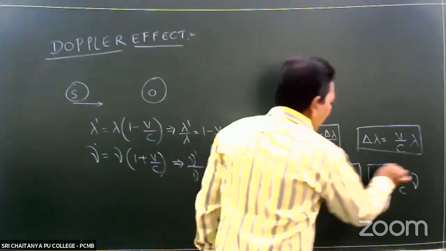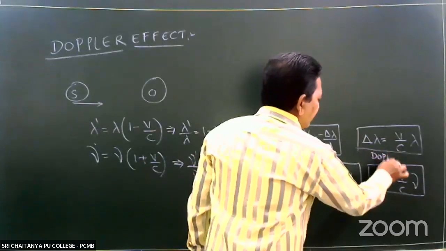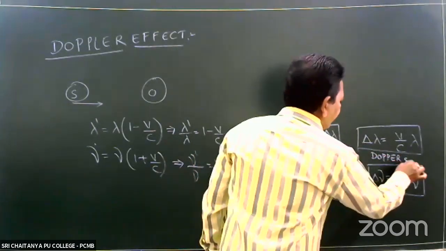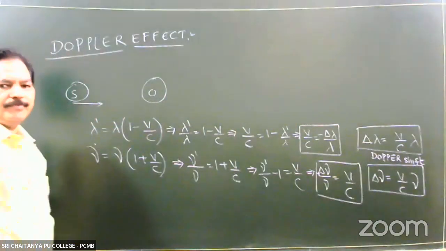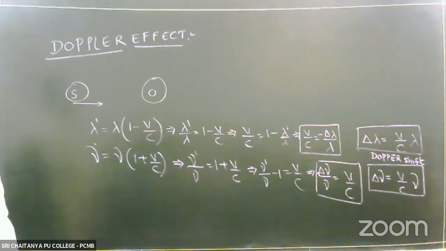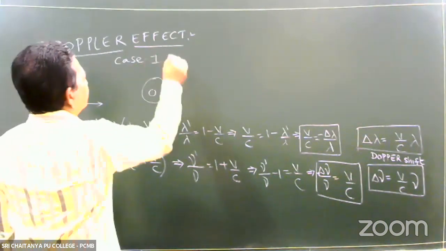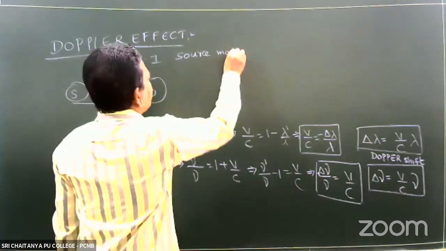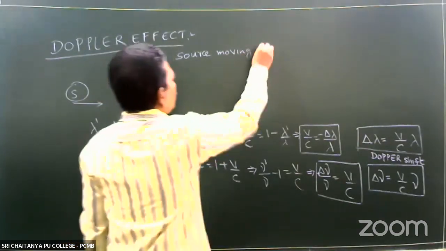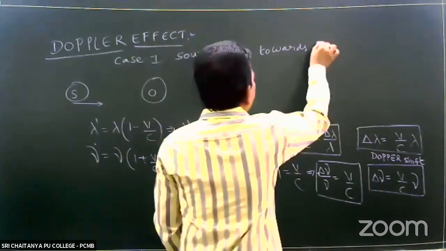Delta lambda and delta nu are called what? They are called the Doppler shift: shift in the wavelength, shift in the frequency. So this is case 1. What is case 1? Source moving towards a stationary observer.